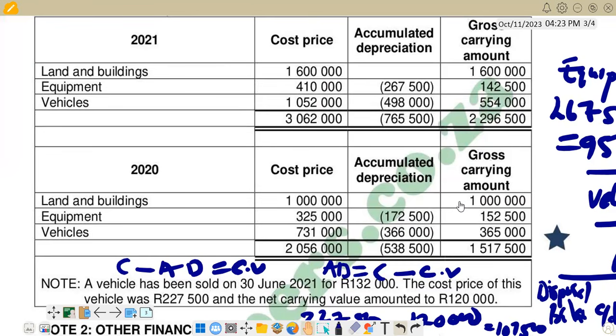And we are not told in the question if we had any of the land and buildings that were disposed. There is no land and buildings that were disposed, but we are seeing an increase there, which means we purchased some. So the value of the land and buildings that we purchased, we are just going to say 1,600,000 minus 1 million, then we get 600,000. So that's the one that we purchased.